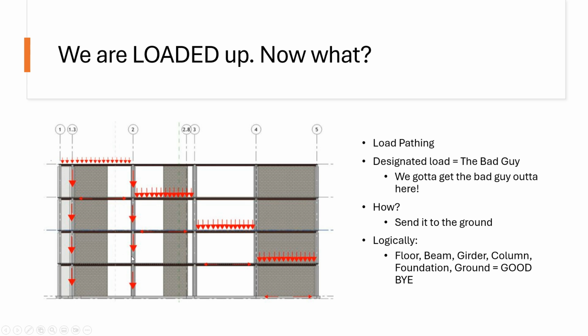The column's going to take it straight down to the foundation, where I say goodbye, but the foundation is going to dissipate that into the soil, which is where we get bearing capacity in foundations, because the soil is really taking all the energy away from the building. Very rough analogy, but it works.